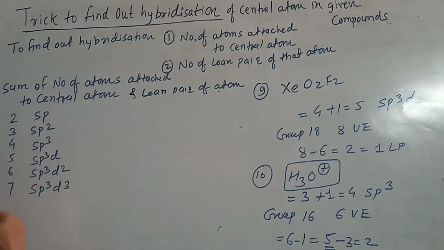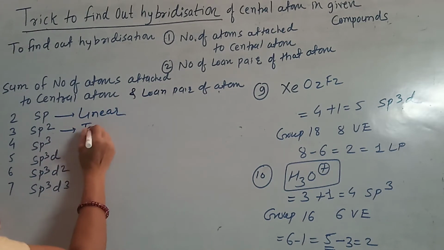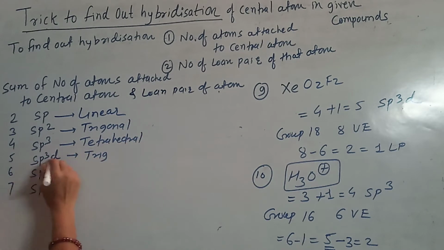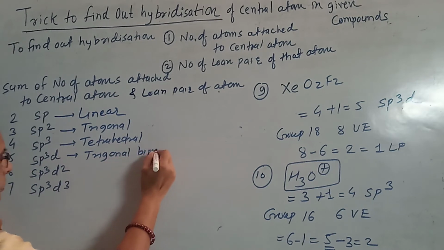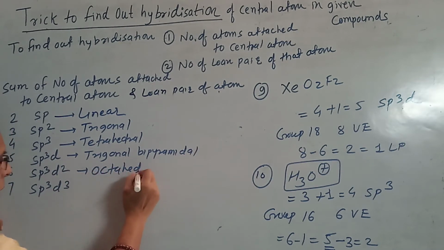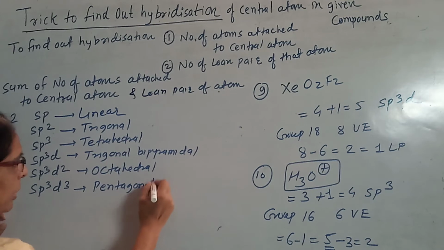When I consider sp2 hybridization, it has a trigonal geometry. sp3 means tetrahedral geometry. sp3d means it has a trigonal bipyramidal geometry. sp3d2 means it has an octahedral geometry, and sp3d3 has a pentagonal bipyramidal geometry. Remember.